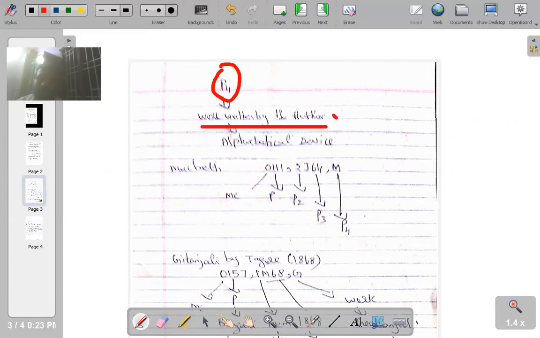Actually, two different methods are there for writing the number for the individual work of the author. One is using the number system, but today we are not going to talk about that. We are going to talk about a very simple technique called the alphabetical device. That means we are going to make use of the first letter of the work of the author as P4.